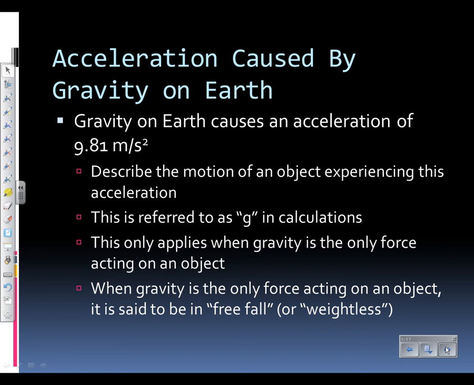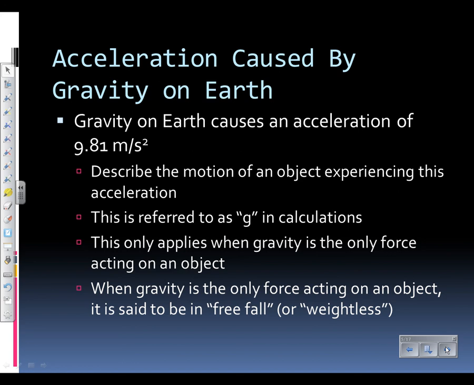Yeah, what we'll find out later in the year when we do calculations like this is that in certain situations, fighter pilots, race car drivers, things of that nature will experience effects that exceed what gravity normally does to them.